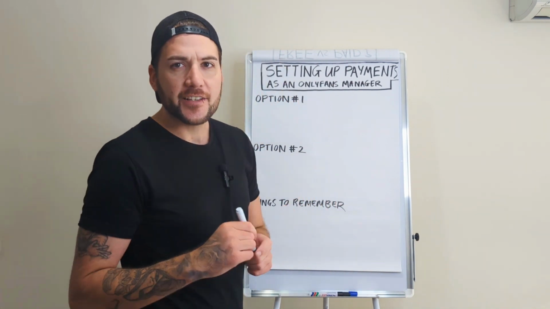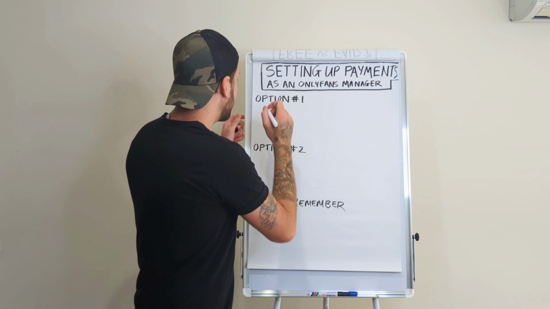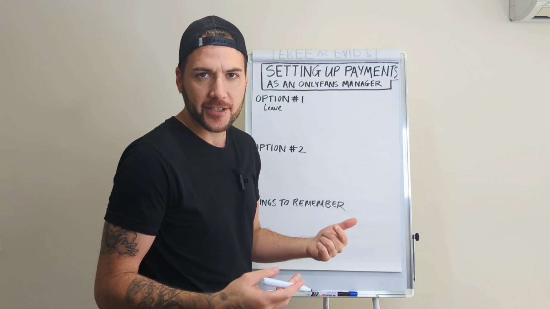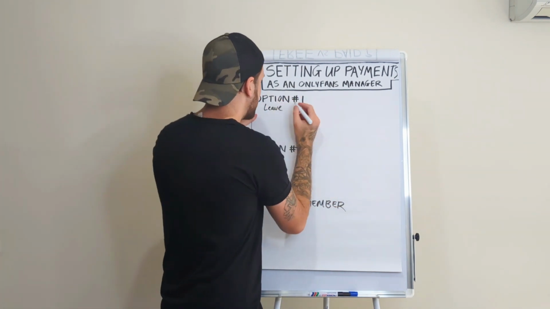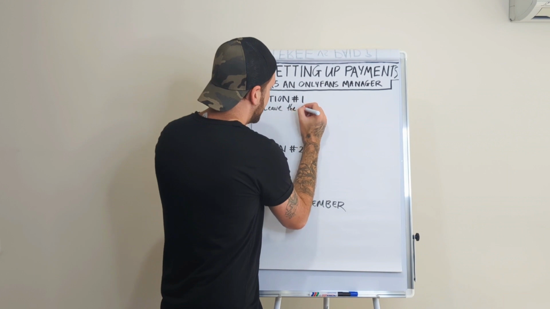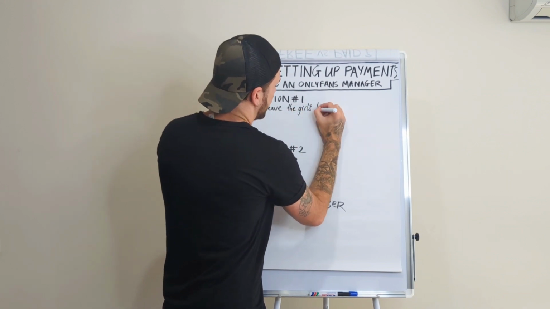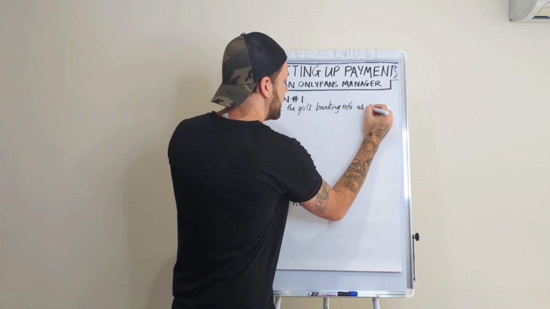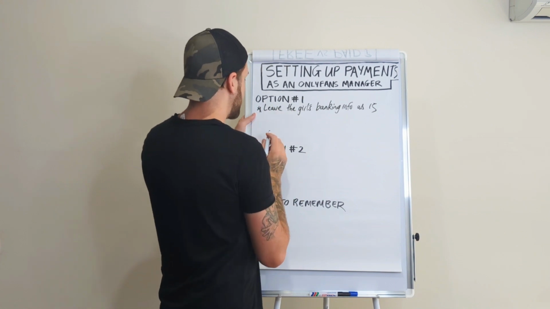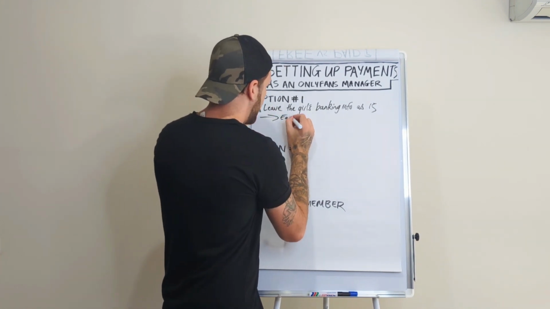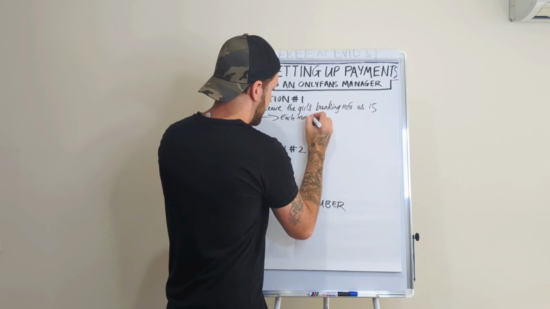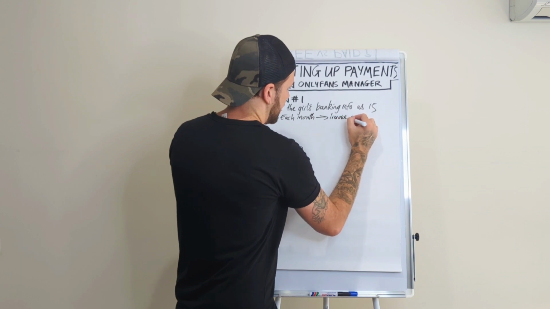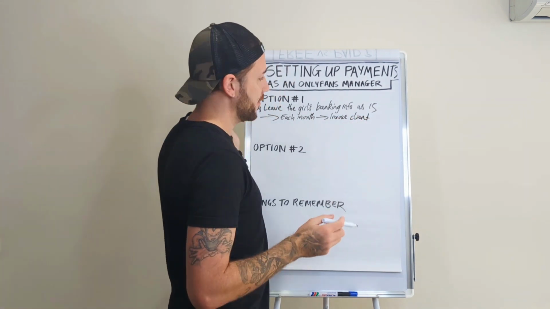So the first option, remember, this is after the client, or the girl, has actually set up the account. The first option is you can leave the girl's banking info as is, and then each month, or however frequently you want to organize it, we'll just say each month, you send an invoice for the amount that is owed to you.